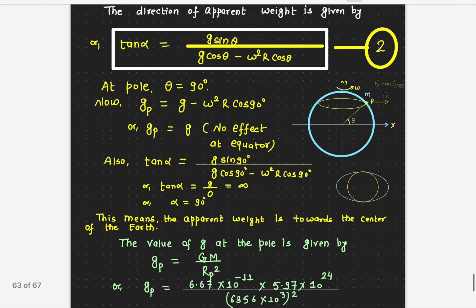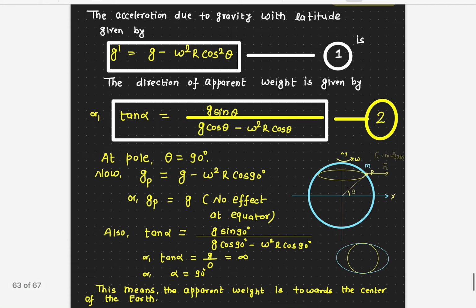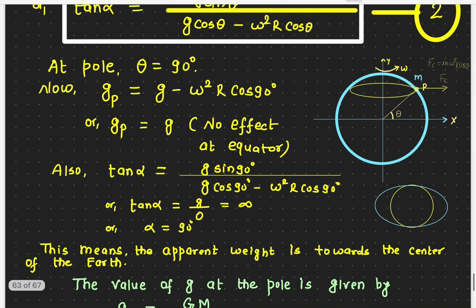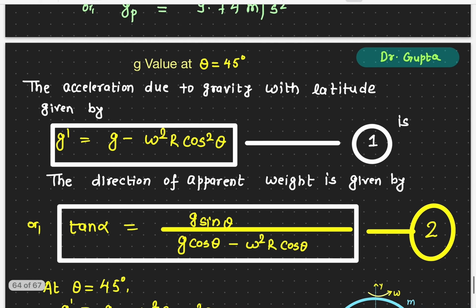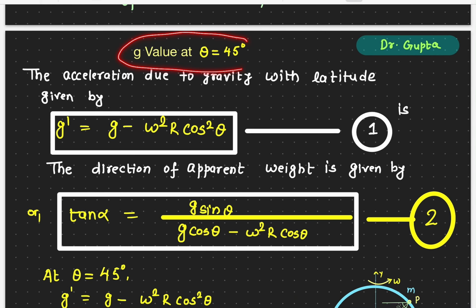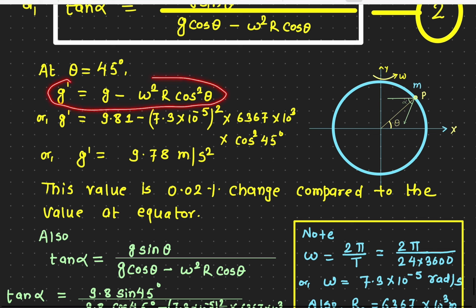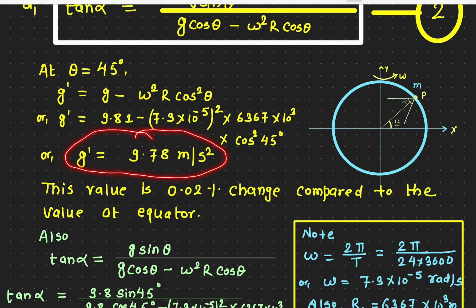All right, now let's consider any other point. Let's consider theta equals 45 degrees. Here I'm calculating exactly the same thing at a 45 degree angle. If I plug into this equation, the value I will get is 9.78 meters per second square.